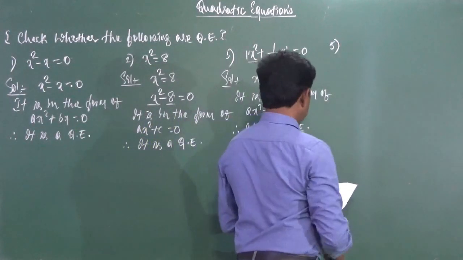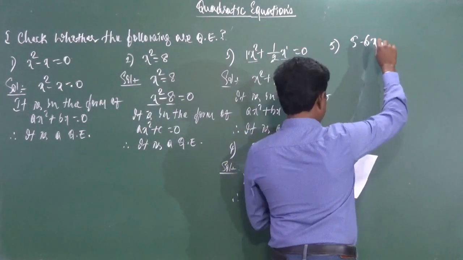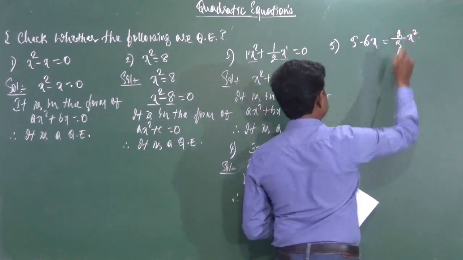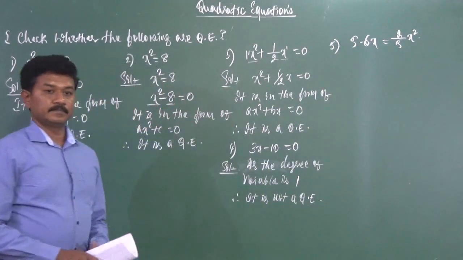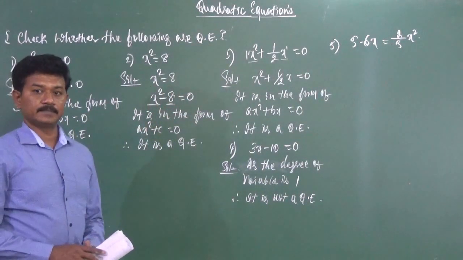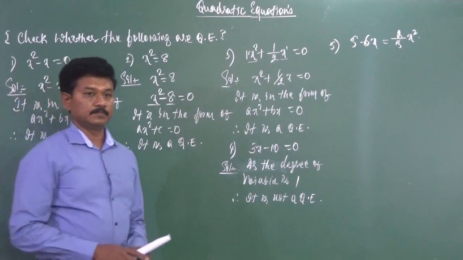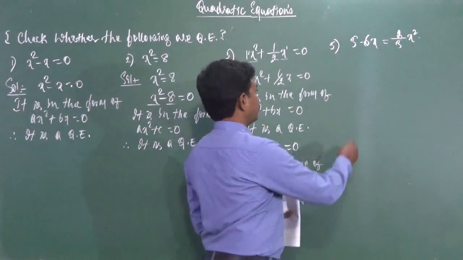5 minus 6x is equal to 2 by 5 x square. It is not in the standard form. Let us bring it to the standard form.